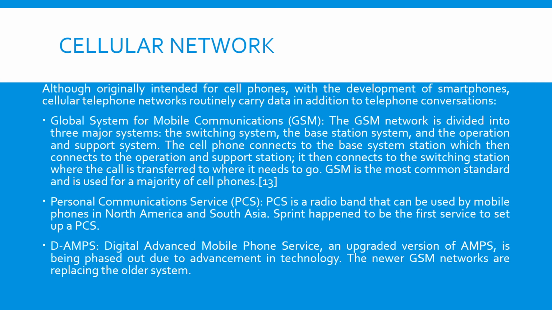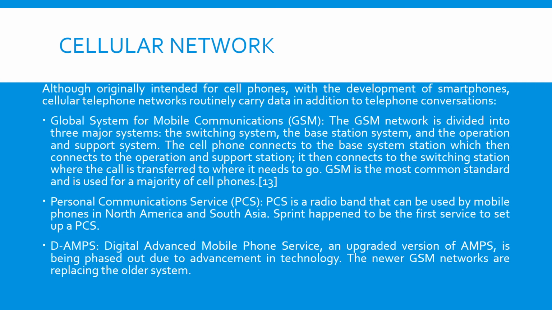There are some other systems also which can be used for this type of network that we are going to study later on. Now, personal communication service, that is PCS. So PCS is a radio band which can be used by mobile phones in North America and South Asia. Sprint happened to be the first service to set up a PCS.